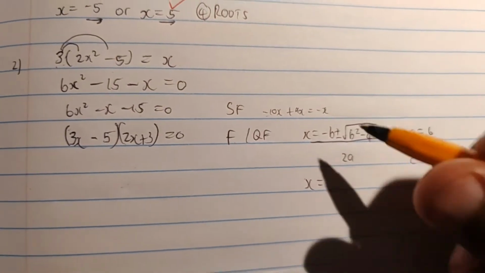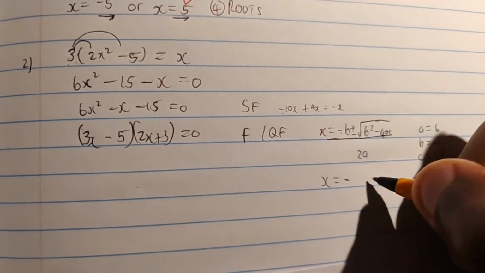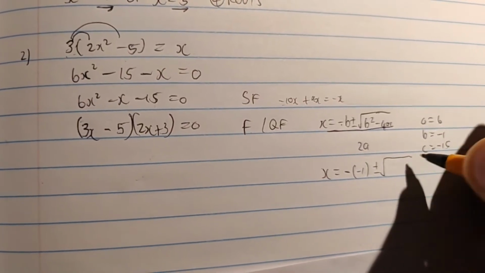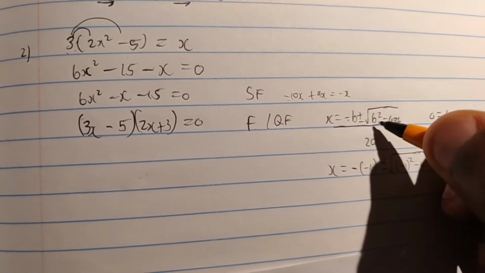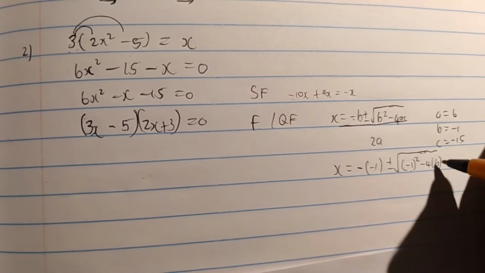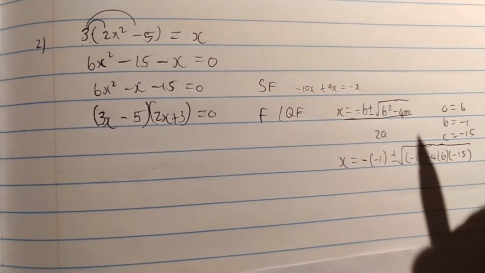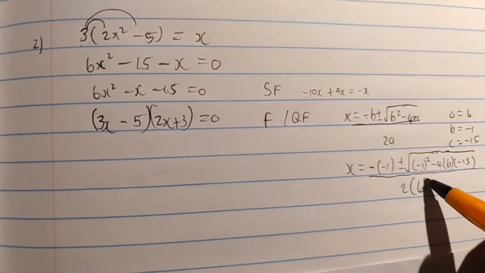Okay, so then you go ahead and you say minus, as the minus is there. B, you substitute using brackets. Okay, B, -1, the whole thing squared. 4 into A is 6, C is -15, all over 2 times 6.